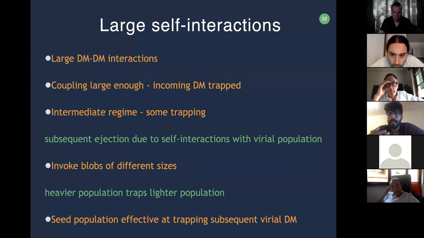But if you dial the coupling lower, there's an intermediate regime where there is some amount of trapping by the Earth. The slower velocity dark matter, because of the long rangeness of the force, has a much larger cross section. So there's a subcomponent that gets trapped. But then there is subsequent ejection due to self-interactions with the virial population in this intermediate regime.